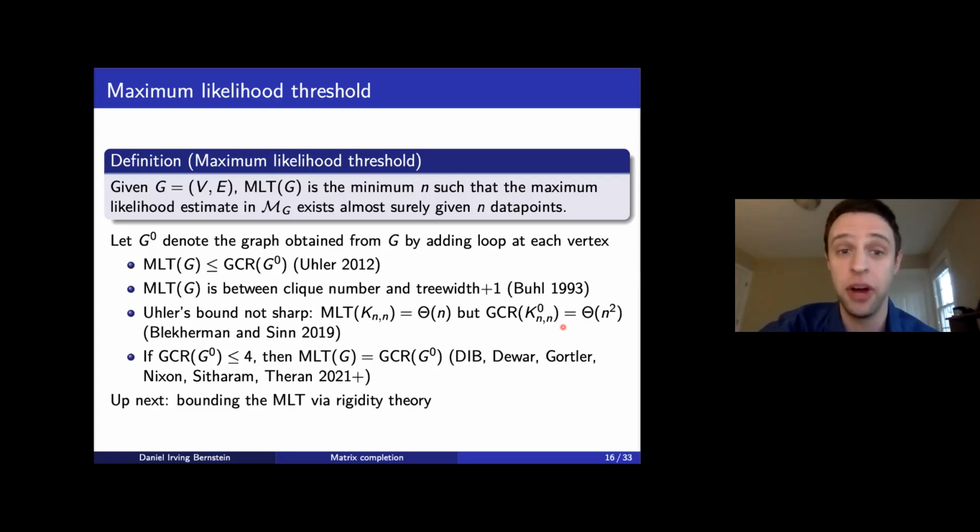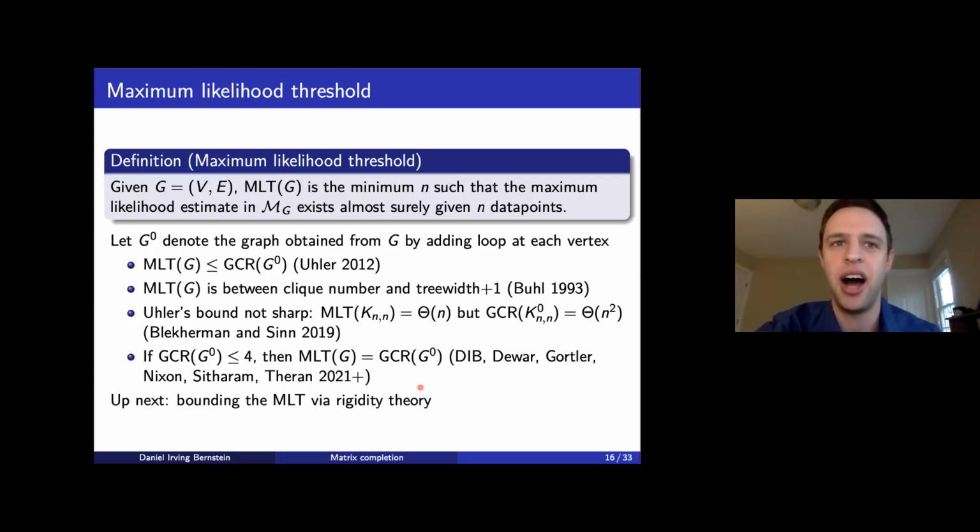So this bound is not sharp. With some people at the Fields Institute, we were able to show that if the generic completion rank is at most 4, then it's equal to the maximum likelihood threshold. And this bound here is actually sharp because K55 has generic completion rank 5, but maximum likelihood threshold 4.